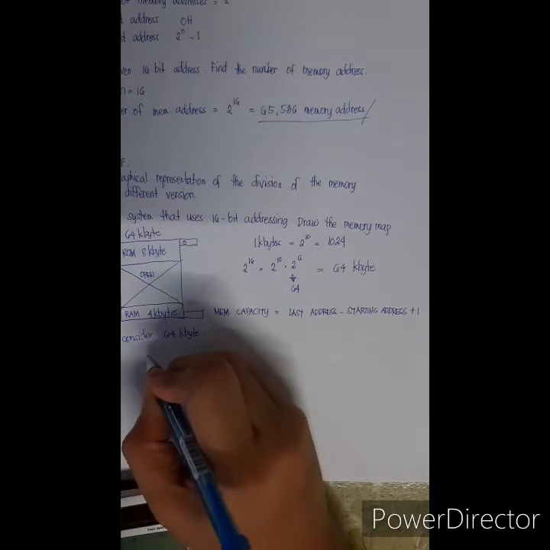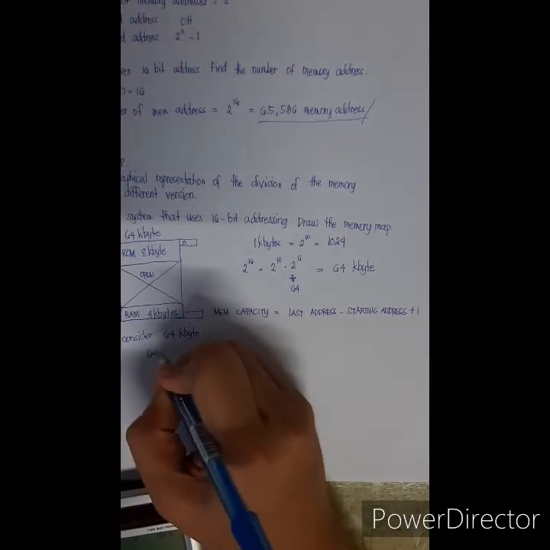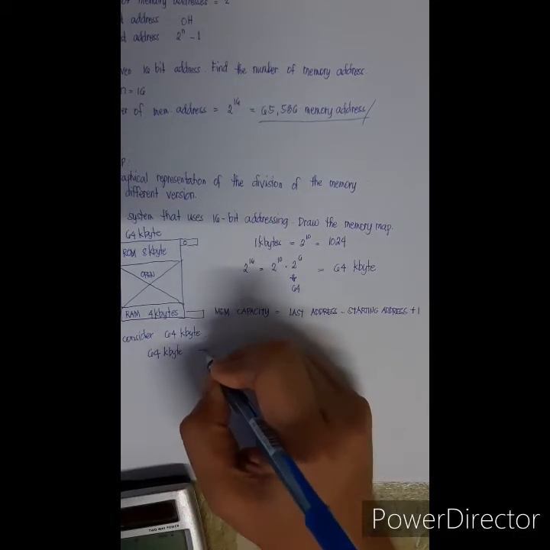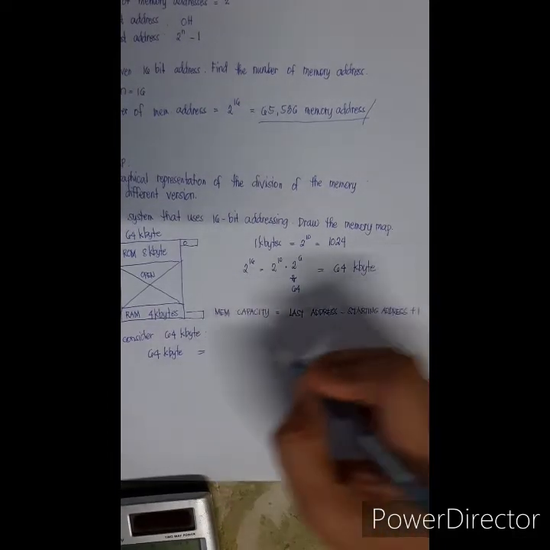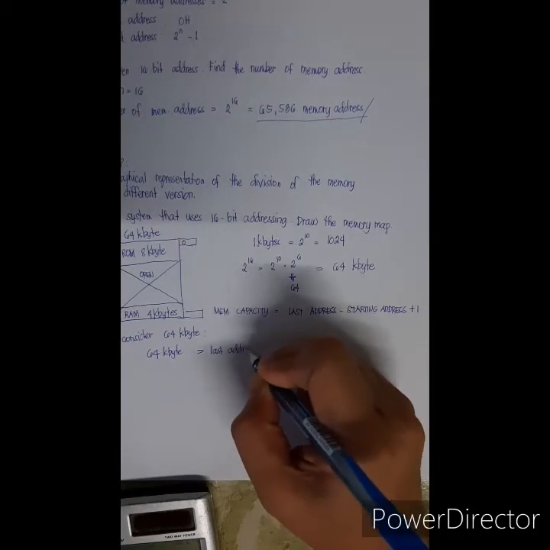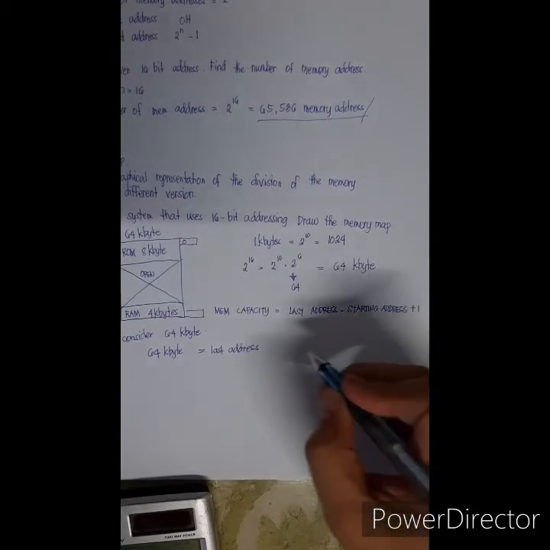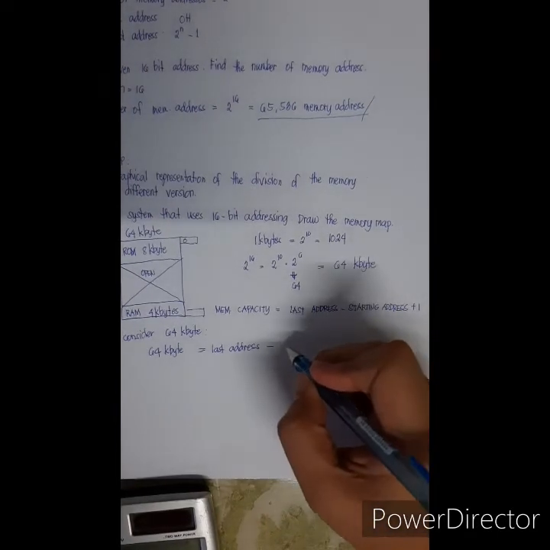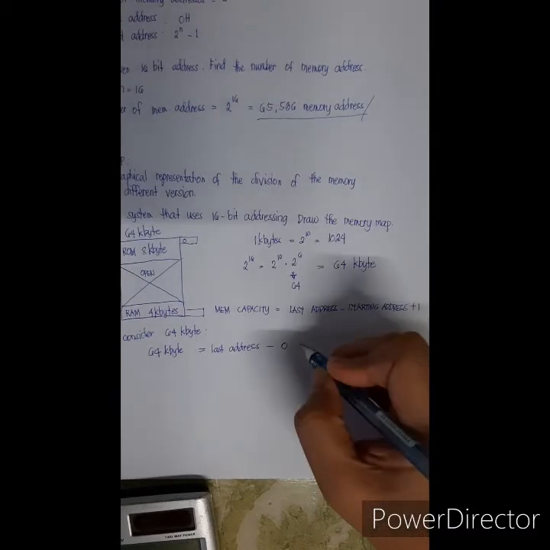Since memory capacity is 64 bytes, it is equal to the last address, which is our unknown, minus the starting address which is 0, plus 1.